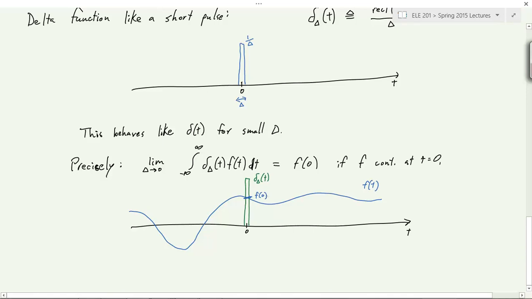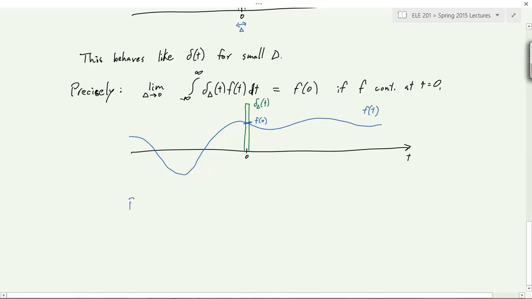And if it were truly flat, now this integral would be very straightforward because the product of these two things would simply be, so this thing here approximately equals rect of t over delta, that function, times f of 0.